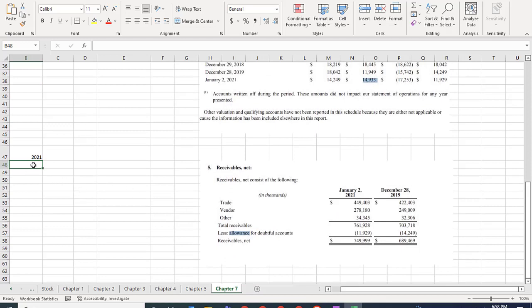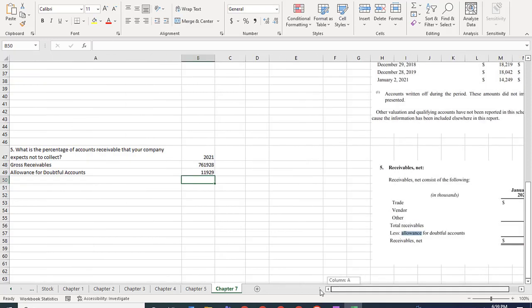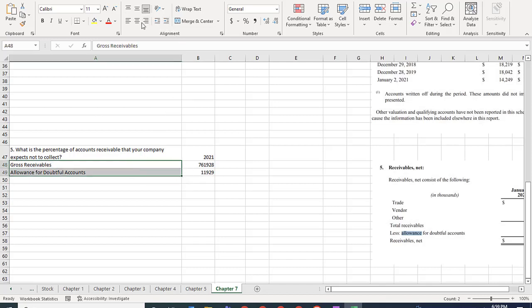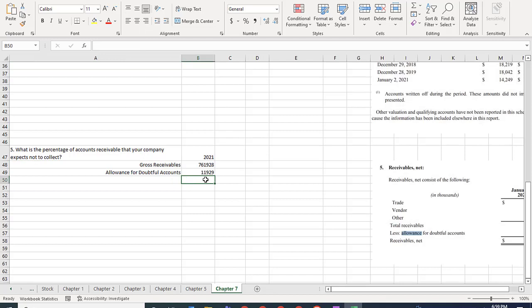And I need my total receivables, 761,928, and my allowance, 11,929. So I just need to take the percent of this, of that, and that tells me how much I'm not going to collect. I'm going to right align this. You could do it opposite. It doesn't really matter, as long as you divide the right number by the right number.